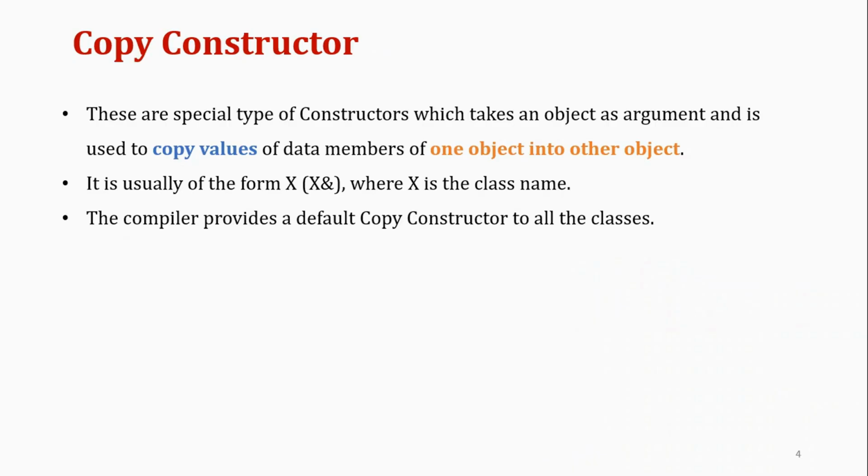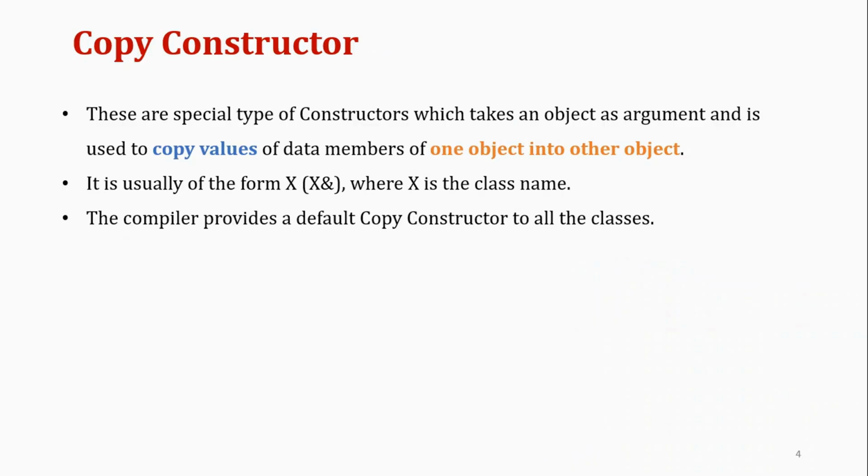In other words, when we want one object to have the same values as another object, we can use the copy constructor. Usually we use the ampersand reference operator to copy the values of one object to another object. So here, if x is an object, then ampersand x is the notation used to copy the object's values from another object.